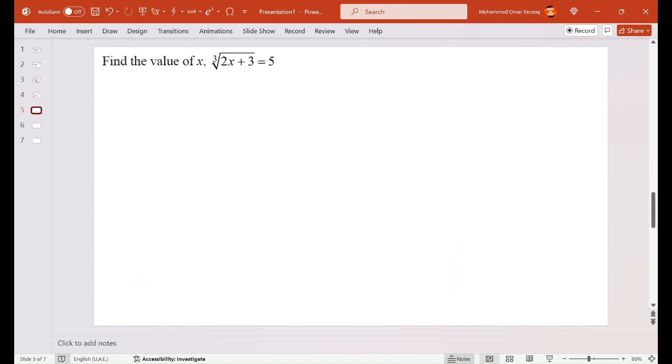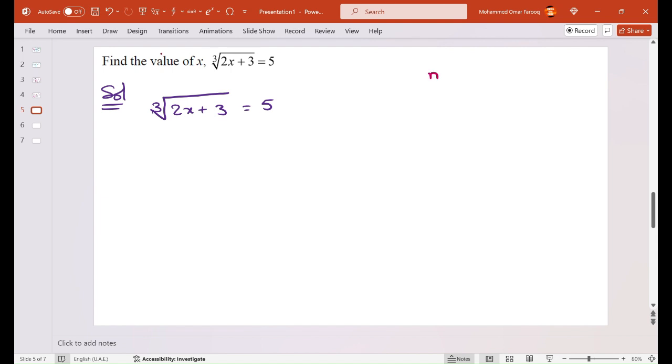Now find the value of x. Cube root of 2x plus 3 equals 5. So let us start the solution with the given expression. Cube root of 2x plus 3 equals 5. So what is the law we have studied in grade 9?